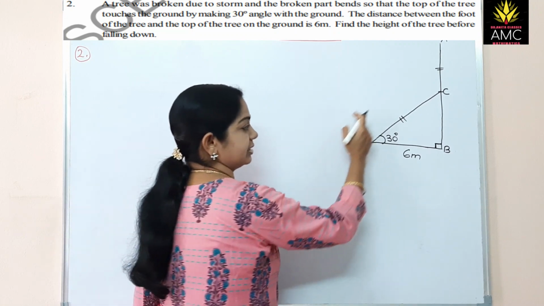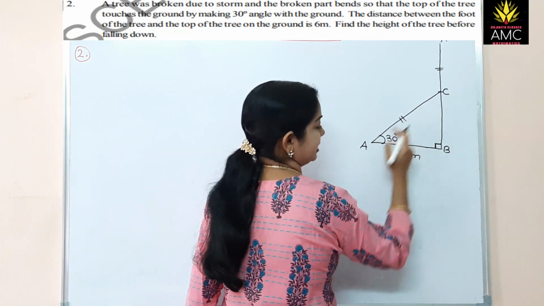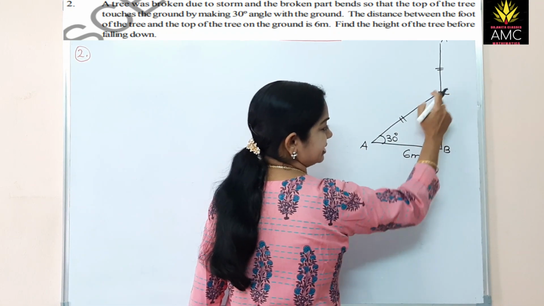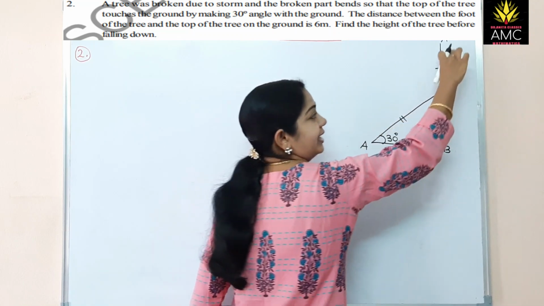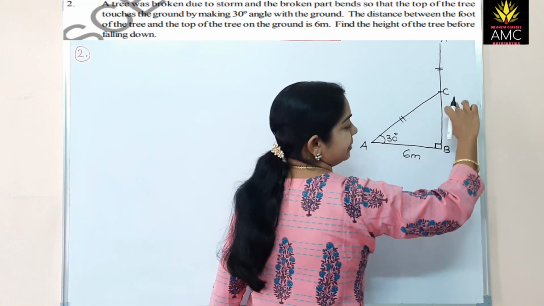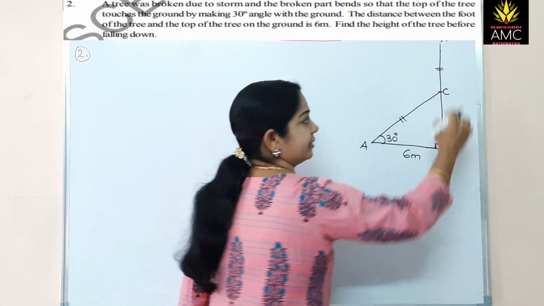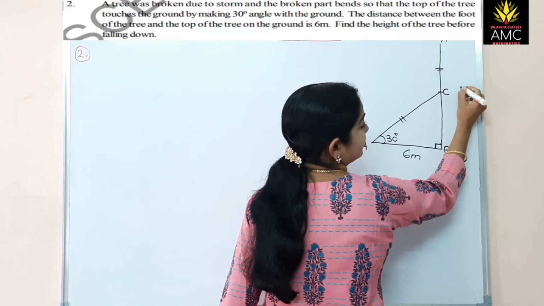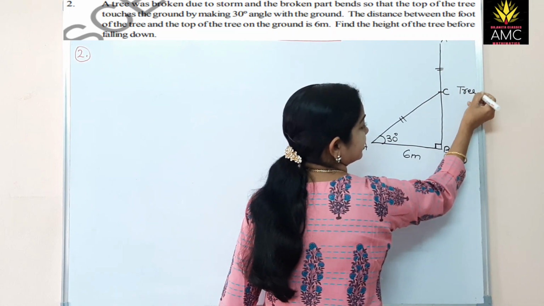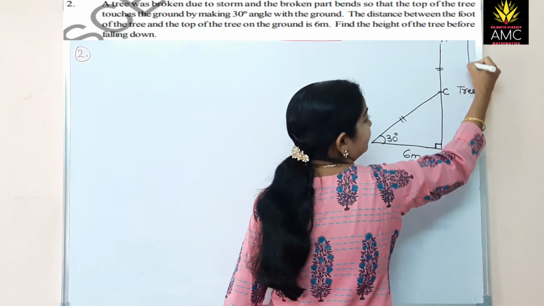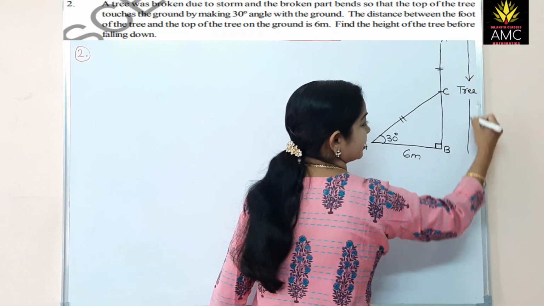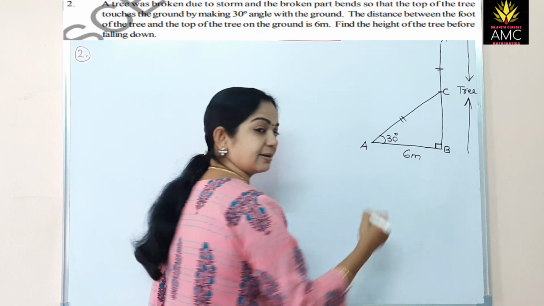So if you see here, ABC is a right angle triangle. Now AC is the broken part, BC is the remaining part of the tree. The complete tree is this one, the complete height of the tree. Now we need to find this complete height.